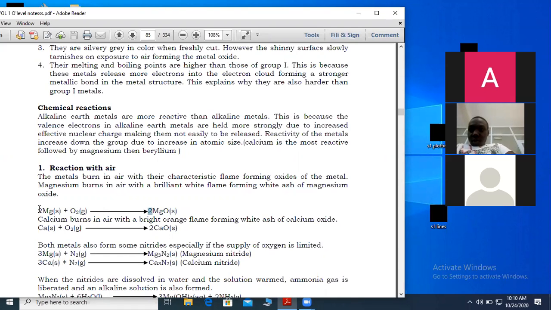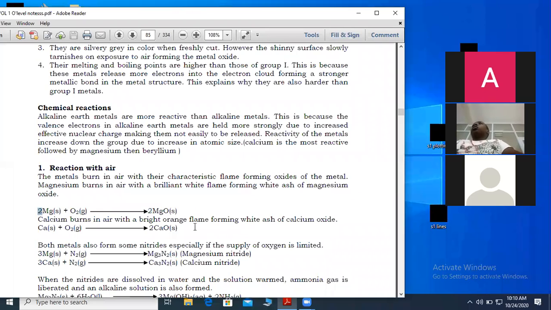We begin by making oxygen an even number, that's what I told you. So when you put 2 to make oxygen atoms 2, the magnesium atoms will become 2, so you must put a 2 on magnesium to balance it.